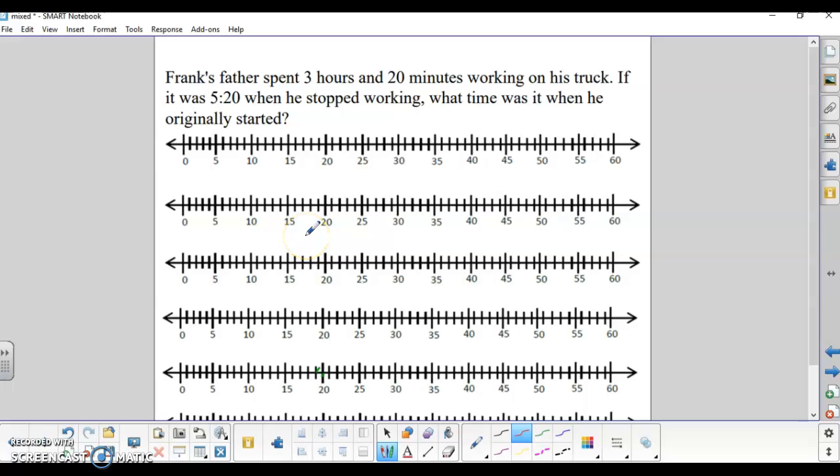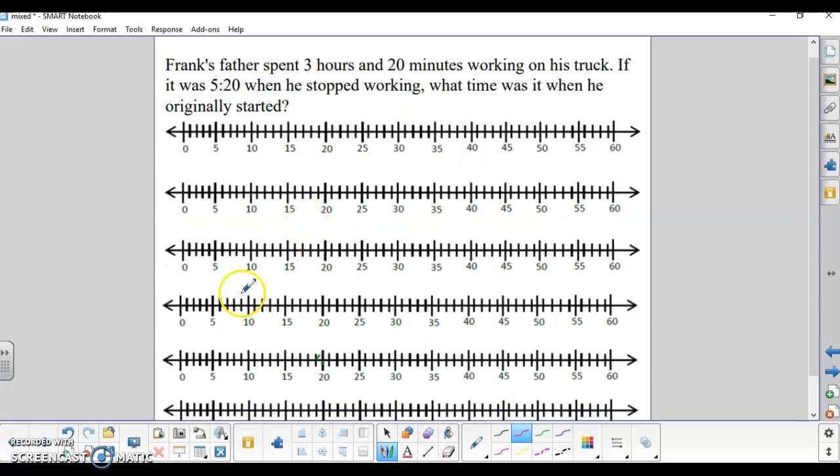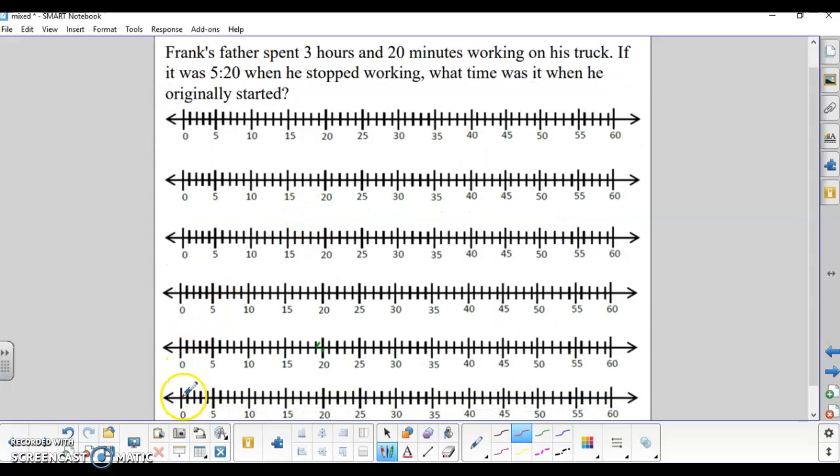All right, let's read this one. Frank's father spent 3 hours and 20 minutes working on his truck. If it was 5:20 when he stopped working, what time was it when he originally started? So this one is giving me a stop time or an end time. So I'm going to label 5:20 as my end time, finish labeling my number line, and then count back 3 hours and 20 minutes.